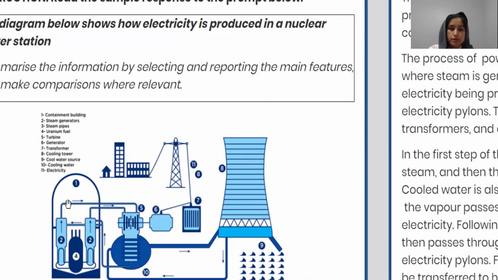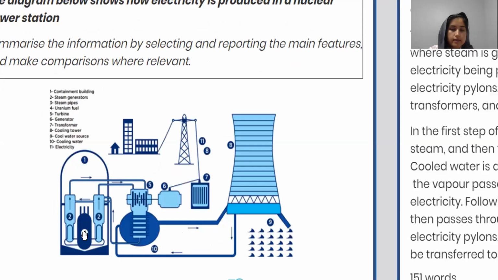So the steam pipes are these ones, the third one. And these two both are the steam generators. The fourth one is uranium fuel here. And the 11th one is electricity. It's when everything ends and we get the electricity and it goes to homes.